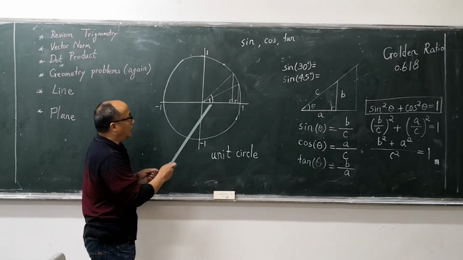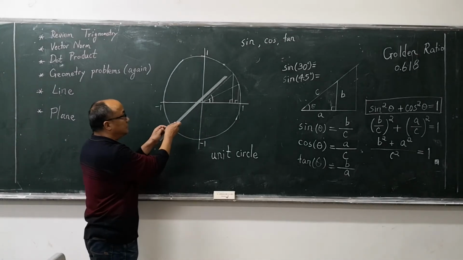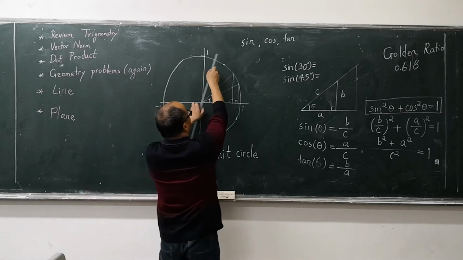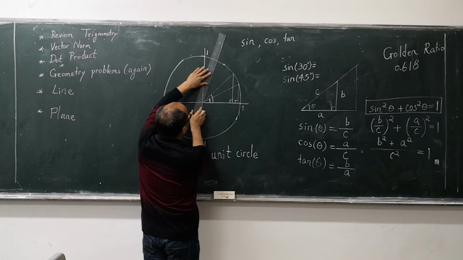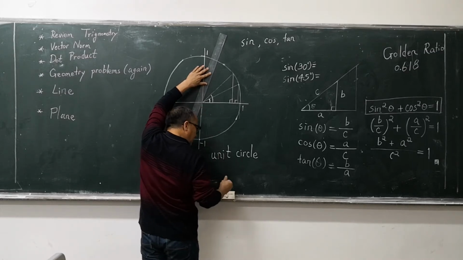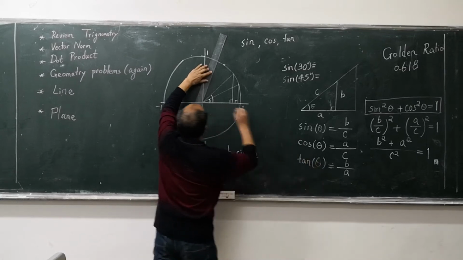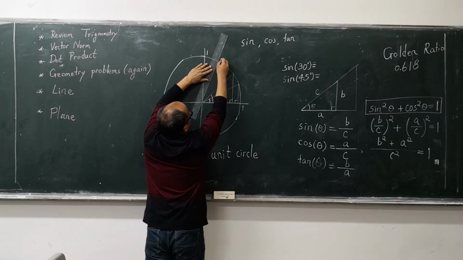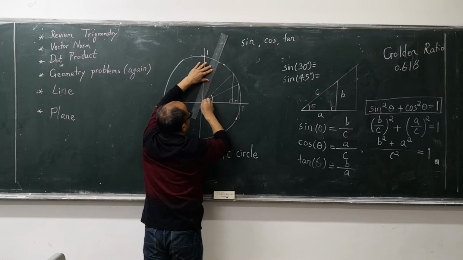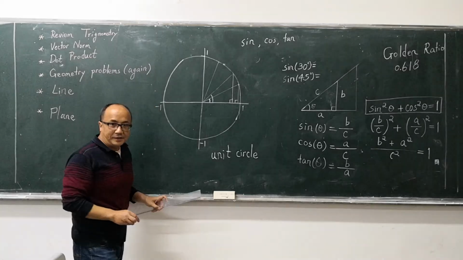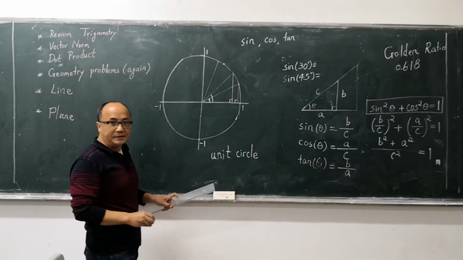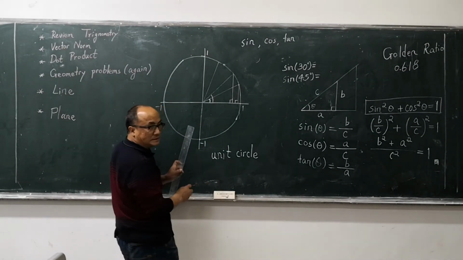So if I'm turning more, over here, 60 degree. Where is the sine of 60 degree?